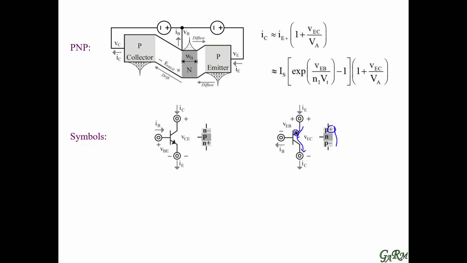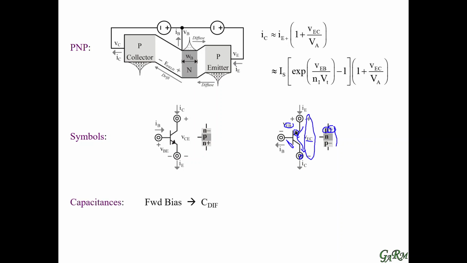In this case, forward biasing the base emitter junction, we forward bias it with a positive emitter base voltage because the emitter is p-type. And to reverse bias the base collector junction, we need to apply a negative voltage to the collector, and that's why we use the emitter collector voltage. It's a positive emitter collector voltage here.